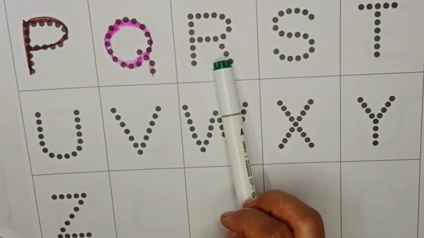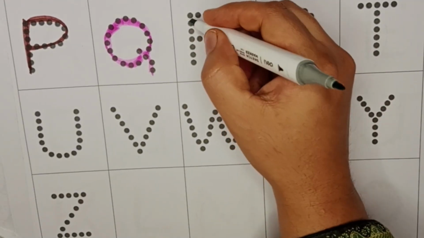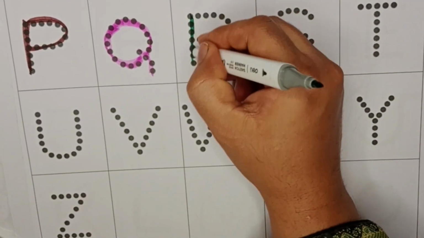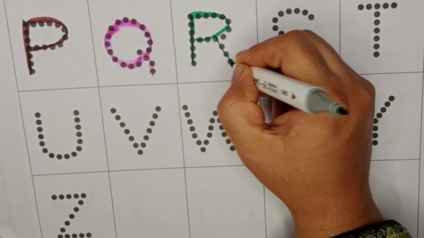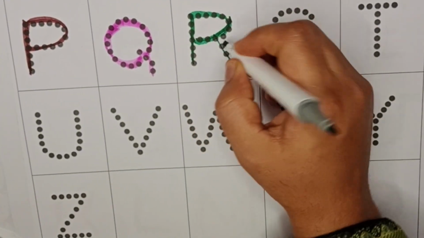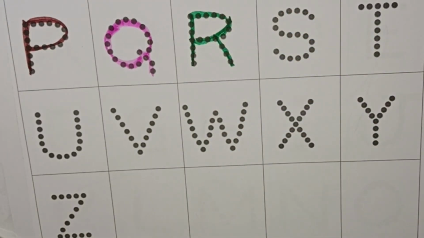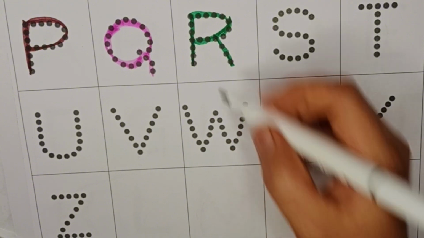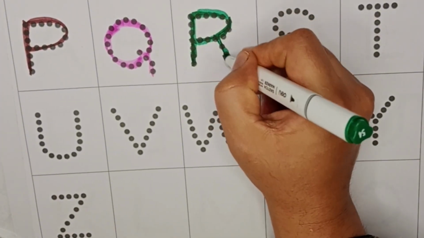R. R is for rabbit and the color is dark green. R is for rabbit and the color is green.